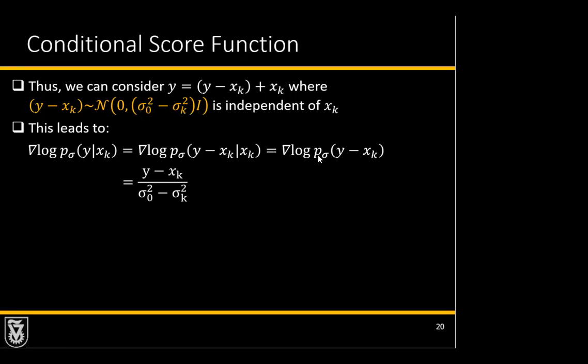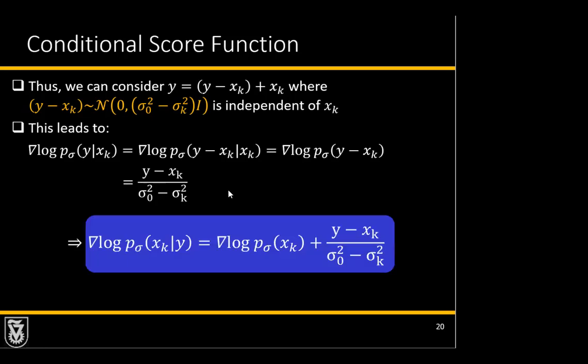So we just substituted the known Gaussian PDF, and if we do a log and a gradient, we get this term, which is from known quantities, from y and x_k. We can calculate it analytically. So if we plug this back into the conditional score function using the Bayes rule, we get that the conditional score function is this original blurred score function plus this analytical term. And I remind you that this term can be approximated using a denoiser.